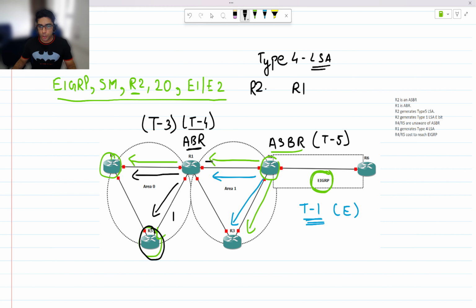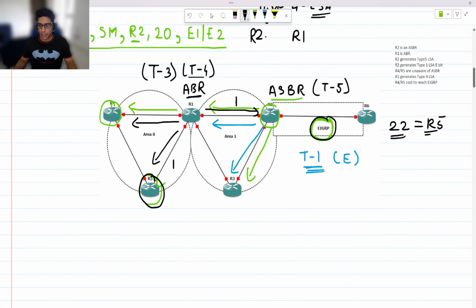So R1's cost to reach the ASBR is again 1. And now R2 is telling its cost to reach the EIGRP is 20. So in total, the cost is 22 for R5 to reach the external network. Similarly, for R4 as well, the cost is going to be 22 to reach the EIGRP network. So this is how a type 4 LSA and a type 5 LSA are generated.